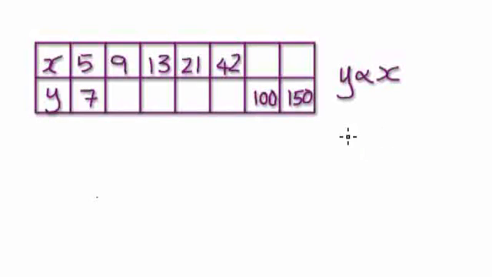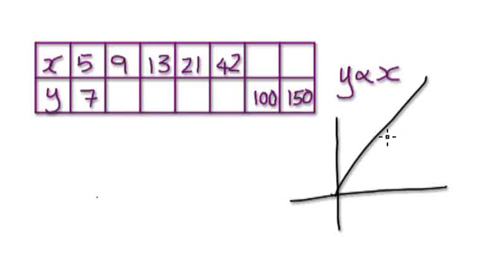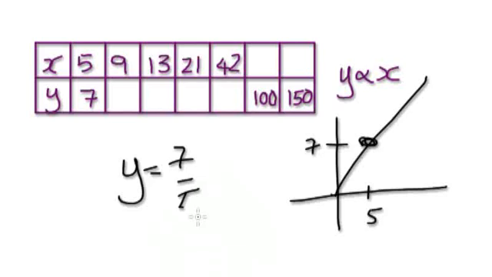Okay, so whenever you're told this, you can immediately jump to a straight line, but you're given a point here. This point here is 5, 7, and the equation of this line would be y equals 7 over 5 x.